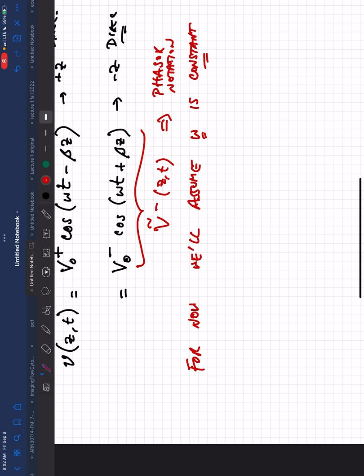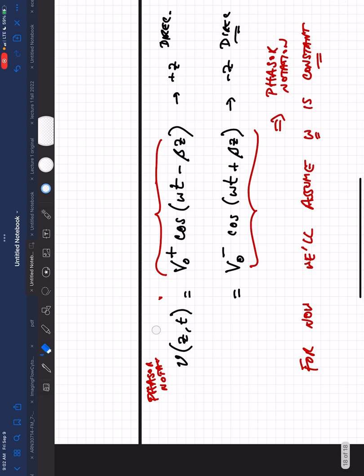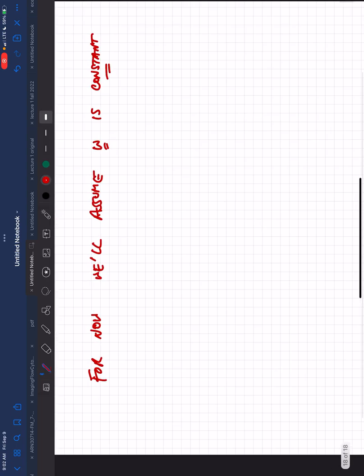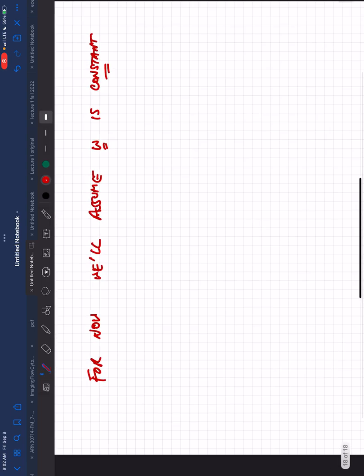No, sorry guys, I jumped the gun here. I screwed something up here. So this is still not the phasor notation. Let me just write the phasor notation here. So erase that, erase that, erase that.